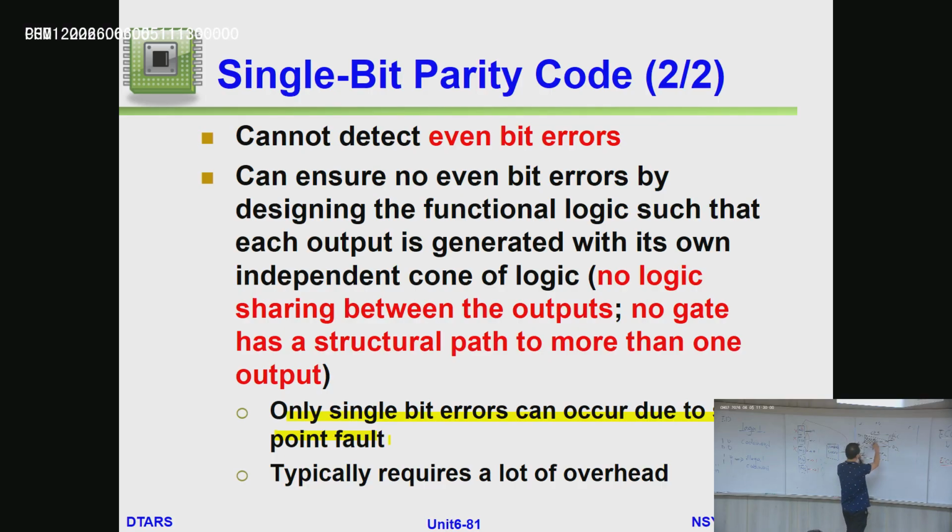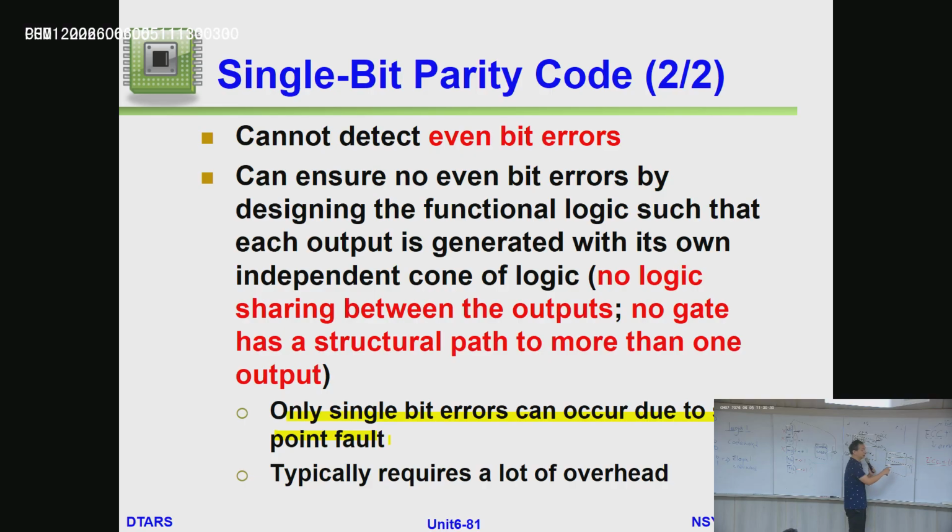However, we can try to redesign this circuitry such that for each output, O1 and O2, the logic gates will not be shared by different outputs, which means that for each output of the circuit, we only have one cone to determine it.